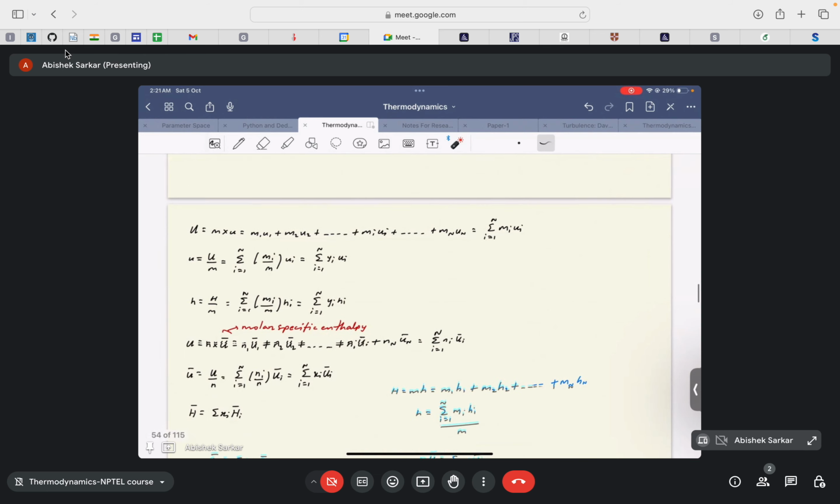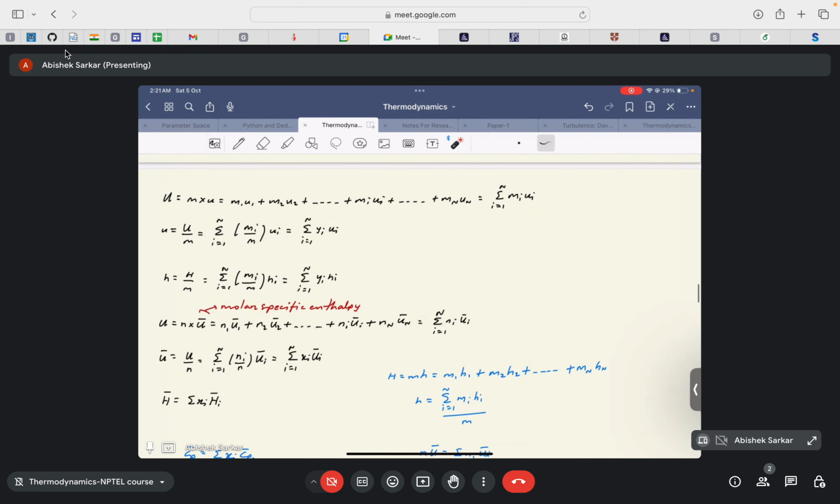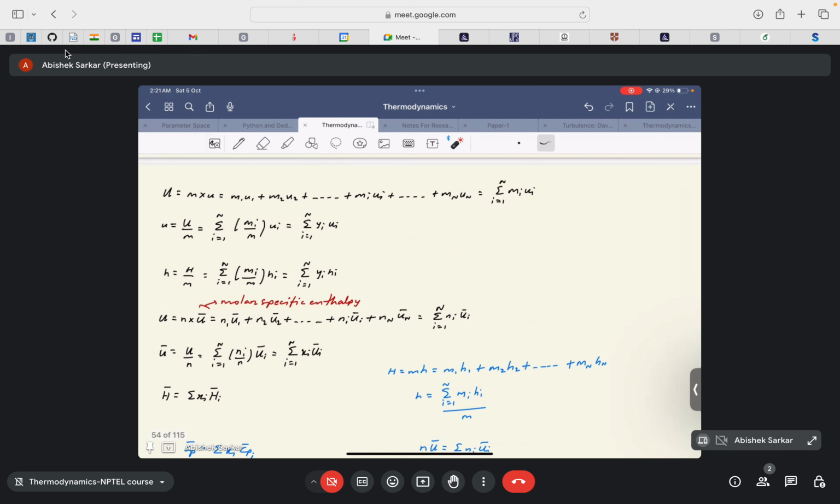Okay, then I guess we can move ahead. So now we deal with the thermodynamic properties of internal energy and enthalpy for this mixture of gases.